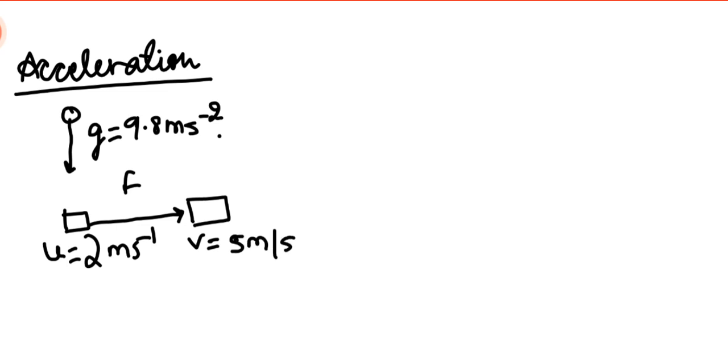Okay, and let us consider students, this change in velocity happens in a time interval of 3 seconds. Now what is acceleration in this case? Acceleration will be equal to the change in velocity, it changed to 5 from 2, divided by 3.